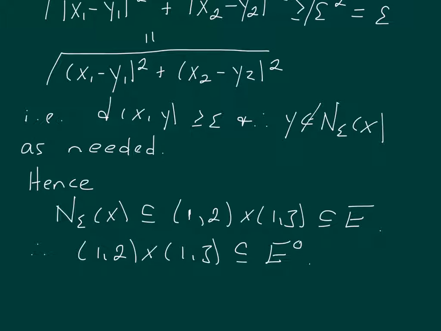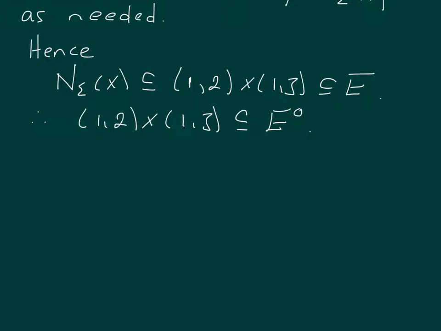And now, finally, to show that the interior of E is exactly equal to this set, we'll show that any point that is in E, but not in this set, is not in the interior. Alright, so what do we do now?